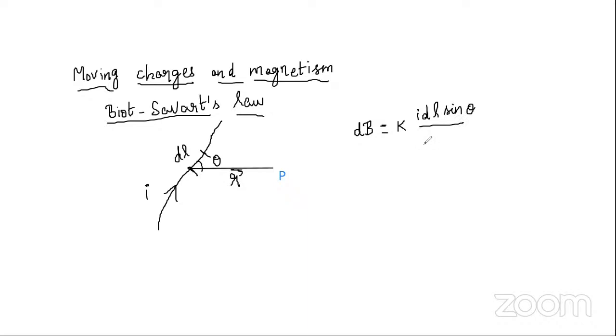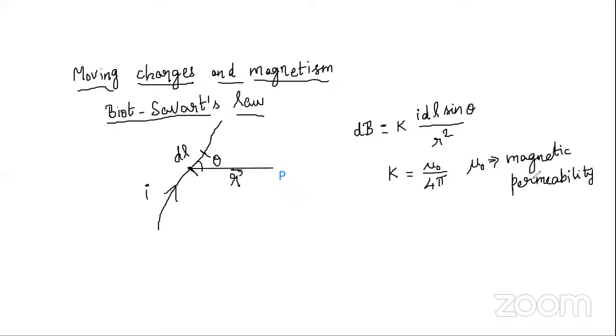divided by r square. This is the formula for finding the magnetic field due to the small current element at this point P: dB equals k into I dl sine theta by r square, and k is a constant. That constant is equal to mu naught by 4 pi, where mu naught is the magnetic permeability of vacuum or free space. When you keep this current element in vacuum, you will have this constant mu naught.